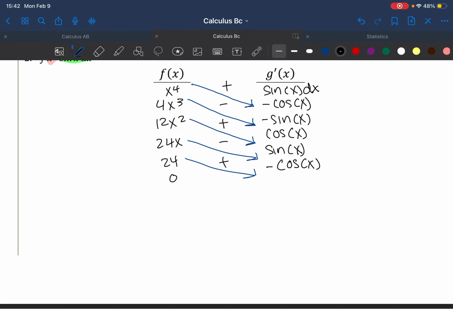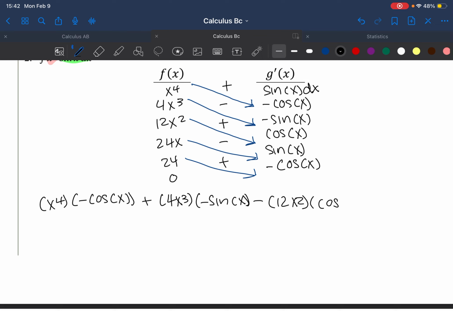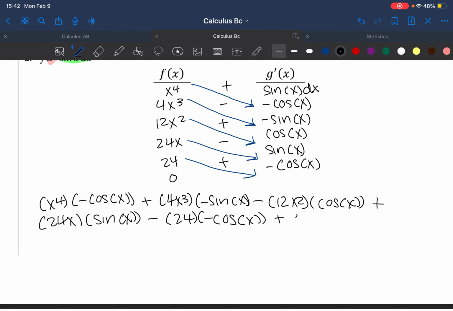Okay, so I have x to the 4th times negative cosine of x plus 4x cubed times negative sine of x minus 12x squared times cosine of x plus 24x times sine of x minus 24 times negative cosine of x plus c.